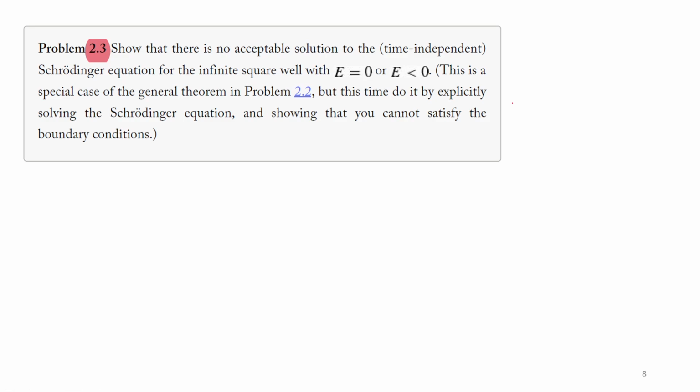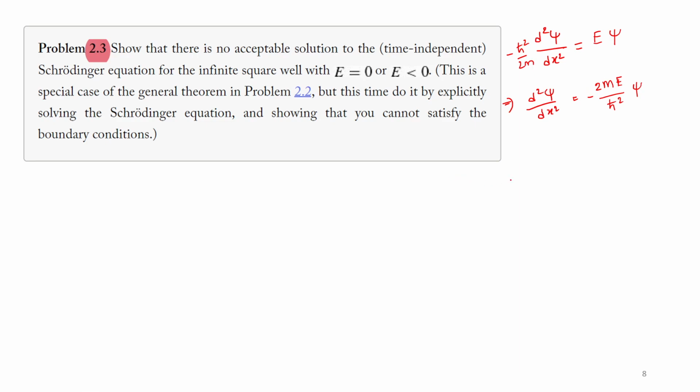So let me write down the Schrodinger equation for the infinite square well potential. The potential energy is 0, so it can be written in the form d2 psi by dx square equal to minus 2m E by h cut square psi.